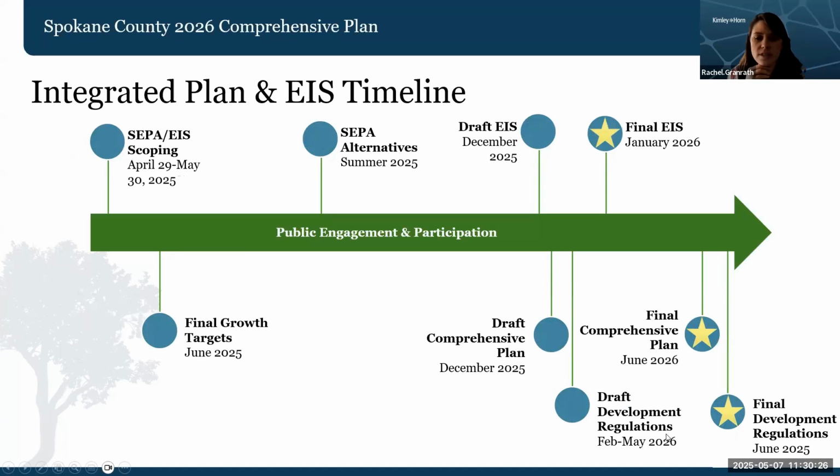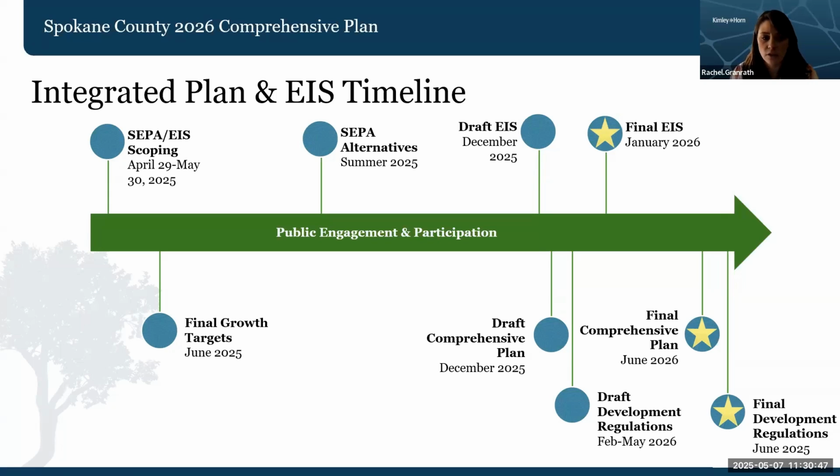This is a more focused timeline looking at the EIS as it relates to the integrated plan. We're at the first little dot here today, talking about the scoping. Again, this was released on April 29th and will run through May 30th. So we tried to get to you all early to have this conversation.